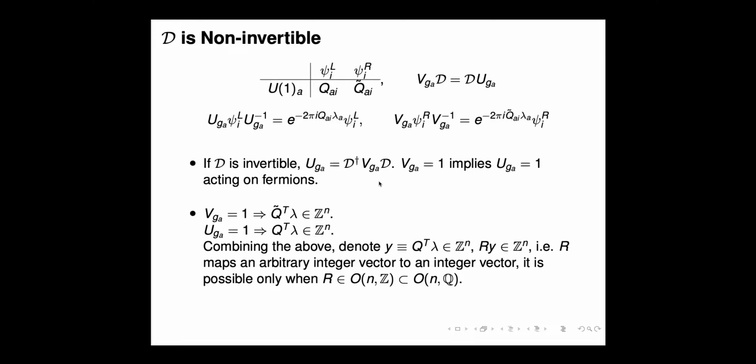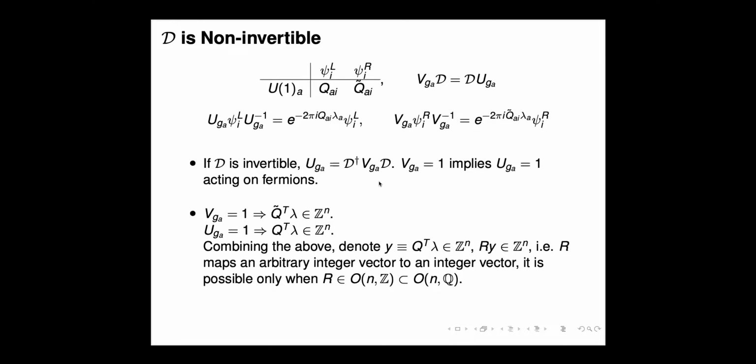If you recall our definition, the R matrix relates Q and Q tilde. So if D is invertible, the corresponding R matrix would map an integer vector to an integer vector. However, as I emphasized before, the R matrix in general contains fractions. So in general, it's not possible to map an arbitrary integer vector to an integer vector.